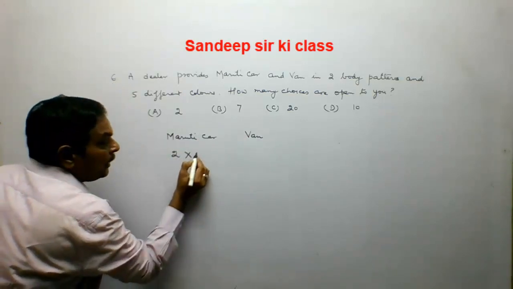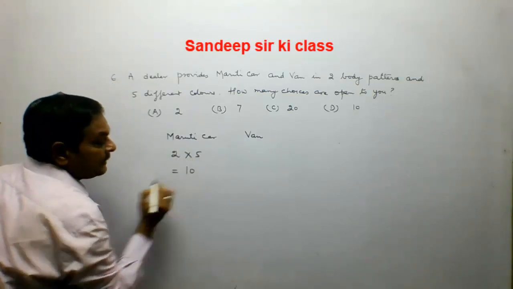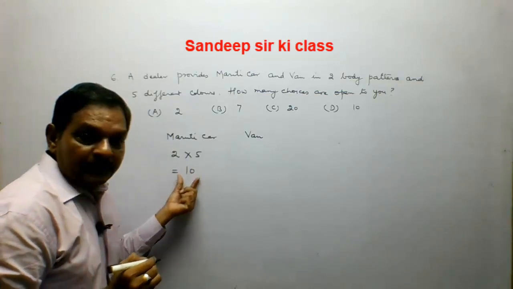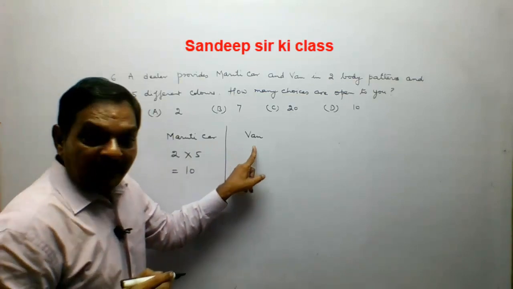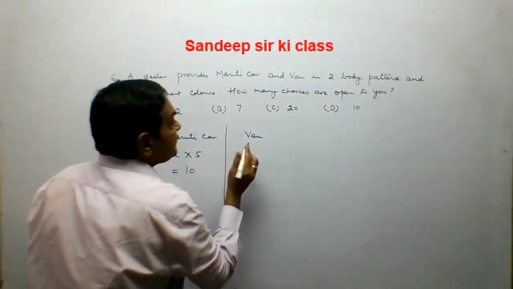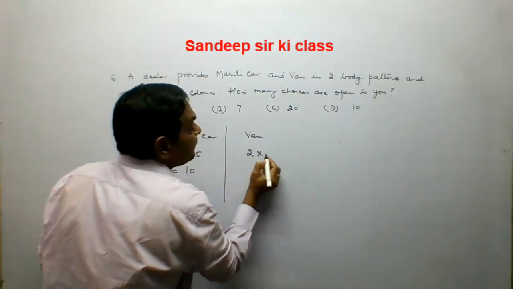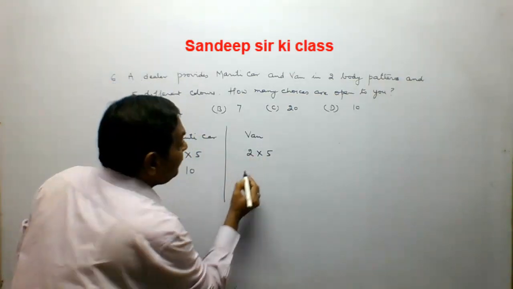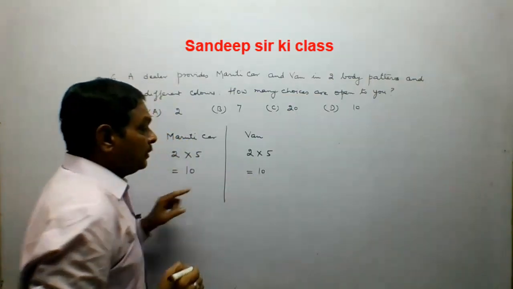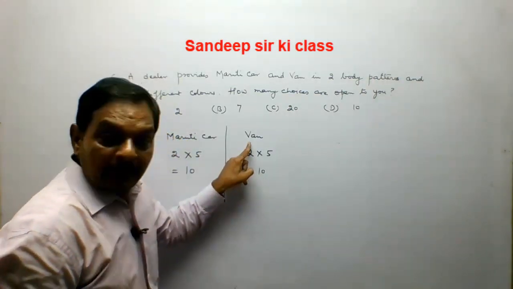So 2 into 5, that is 10 choices are available for Maruti car. Now we see for van. Again we find it is having 2 body patterns and each is having 5 colors. So 2 into 5, that is equal to 10. So 10 choices are available for van.